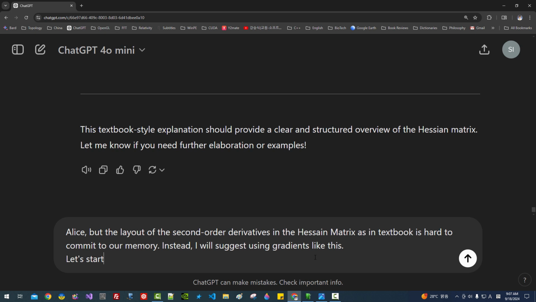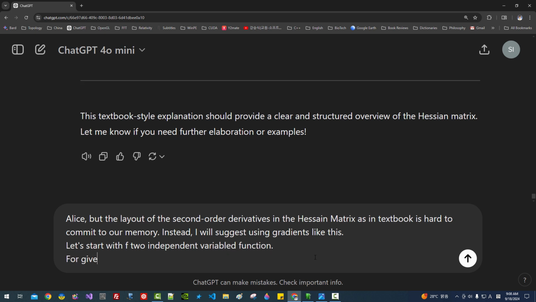Let's start with f, a two-independent-variable function. For a given function f of x and y, we form a vector: fx, the derivative df over dx, and fy, the derivative df over dy.